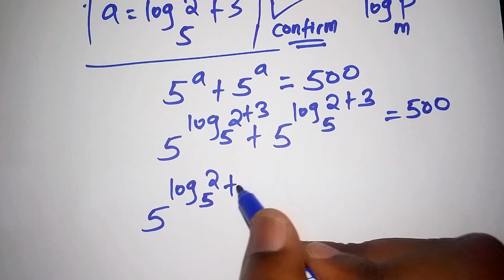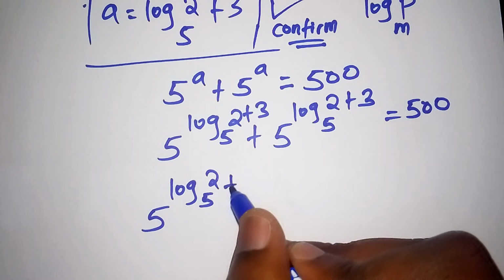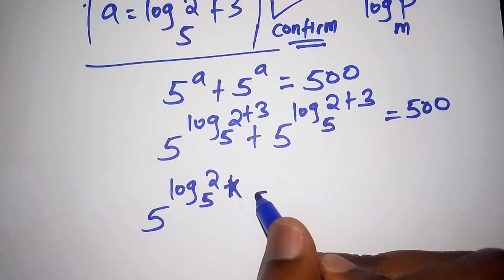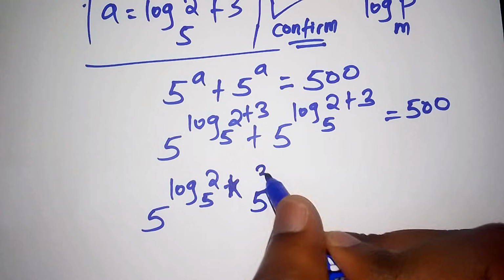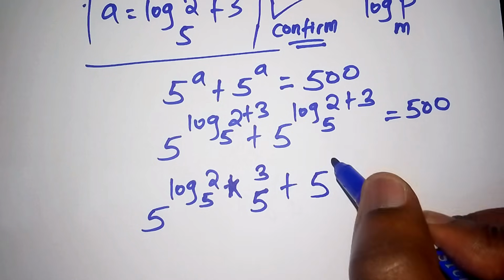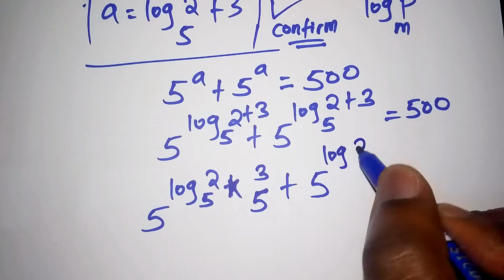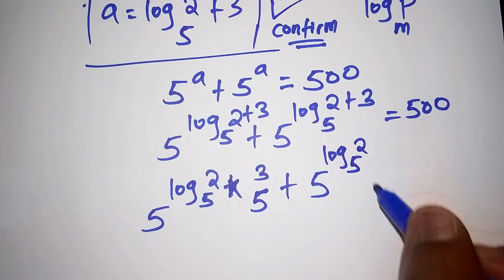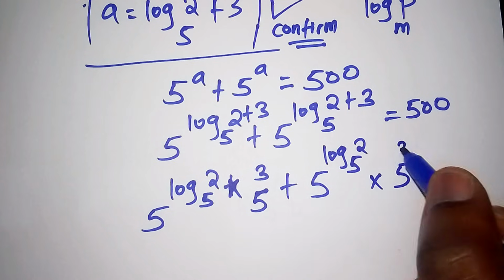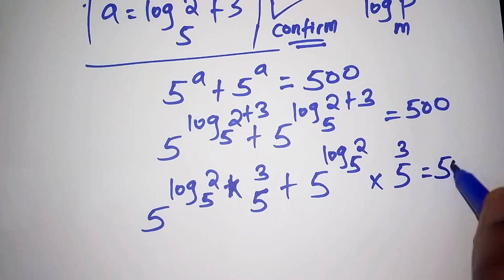Instead of having it as plus 3, we shall write it as multiplied by 5 to the power of 3. Then plus 5 to the power of the log of 2 to the base of 5, multiplied by 5 to the power of 3, which is 500.